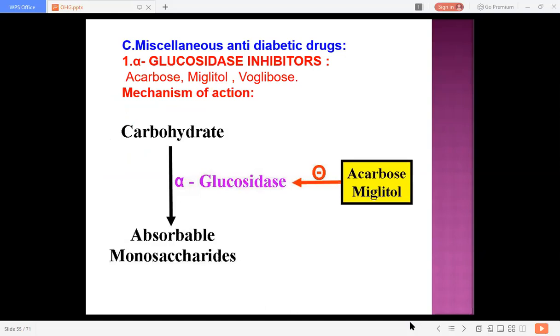Here the carbohydrate is converted into absorbable monosaccharides by the alpha-glucosidase enzyme. And this alpha-glucosidase can be inhibited by acarbose and voglibose.